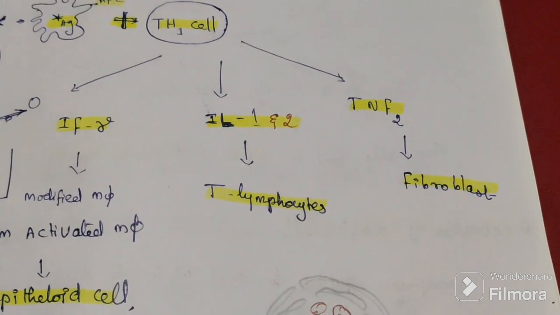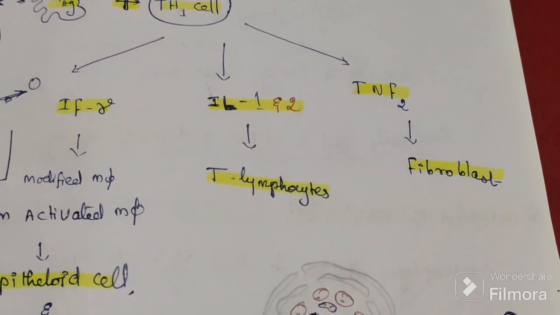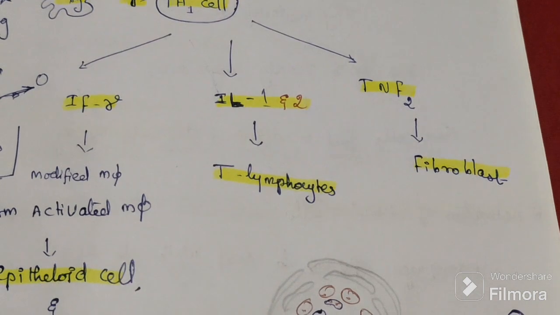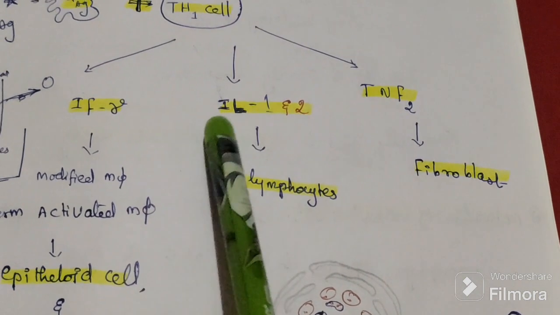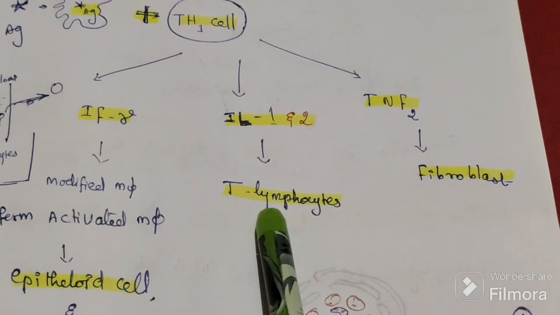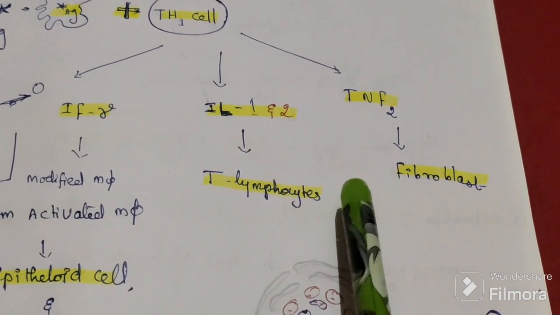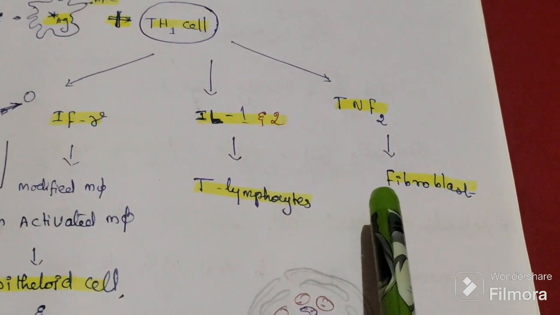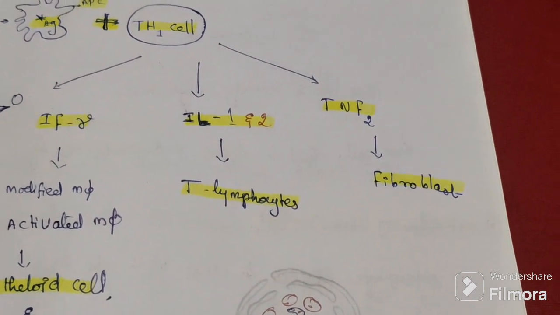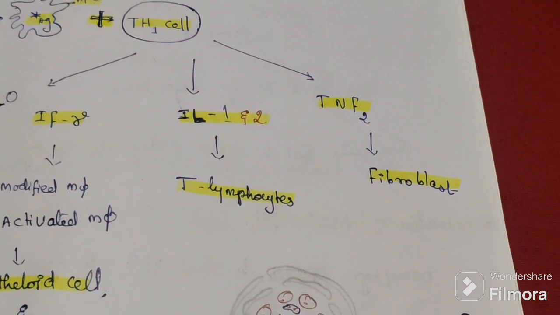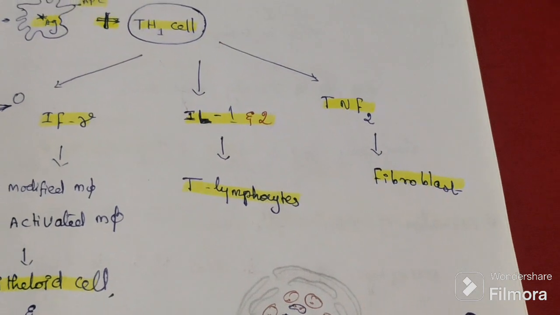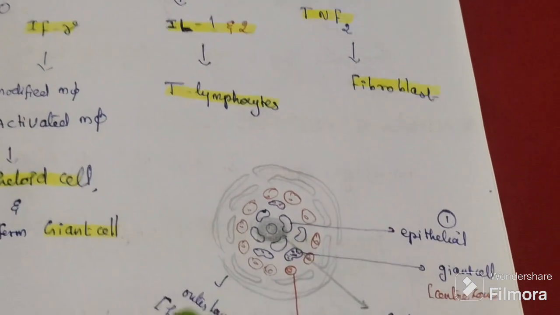The second chemical, the cytokine called interleukin, causes proliferation of T lymphocytes. Then tumor necrosis factor causes proliferation of fibroblasts. At the end, we will have three cells forming the granuloma.